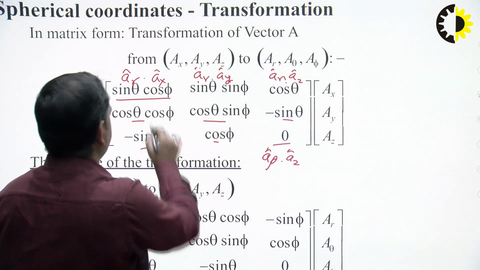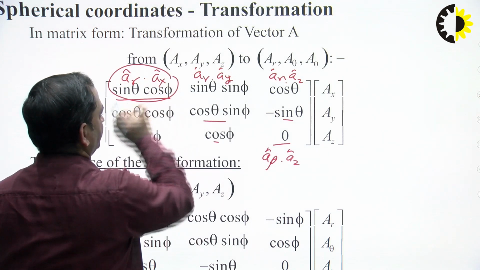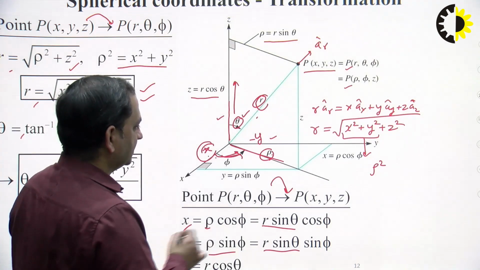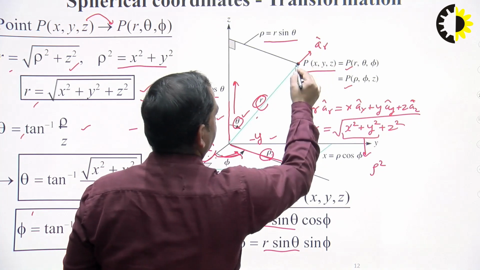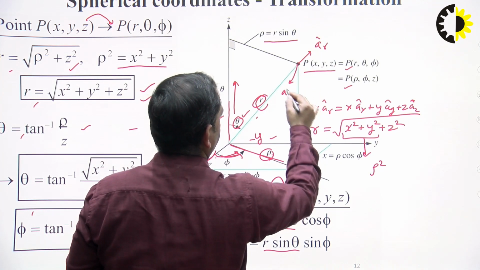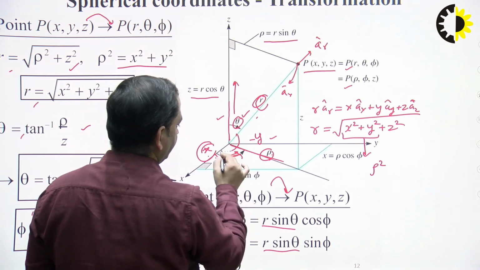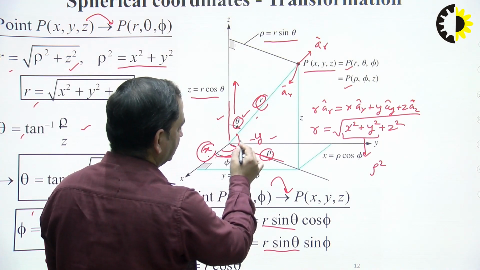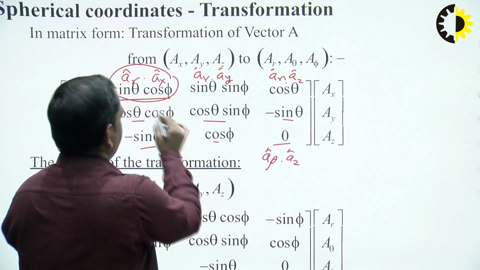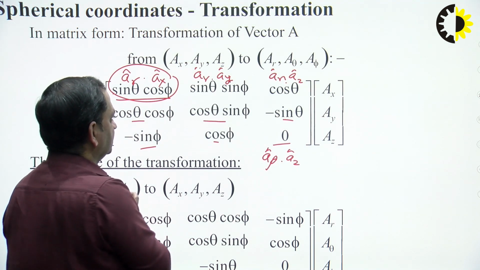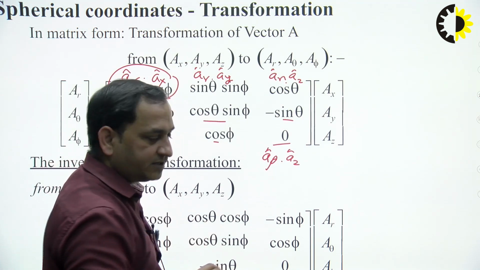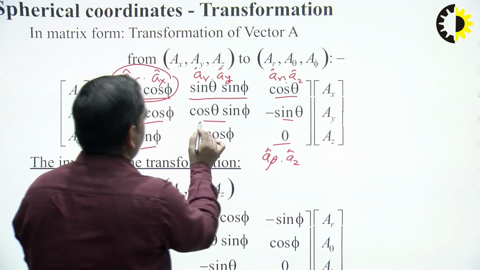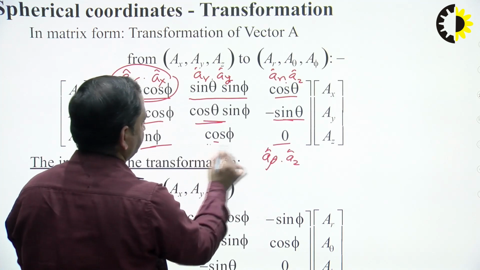Okay, see, if I want to discuss only this point, AR dot AX. So when you are solving this, then you will see that the value will be sin theta and cos phi. So in this way, you can find all the components of this matrix.